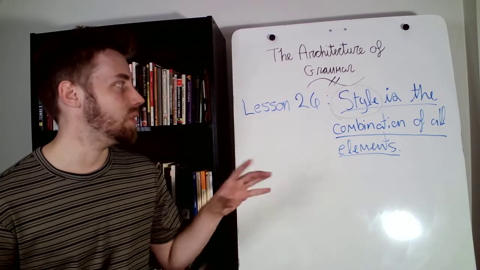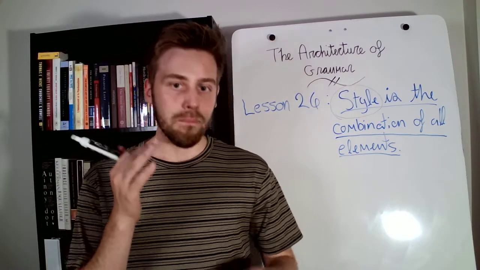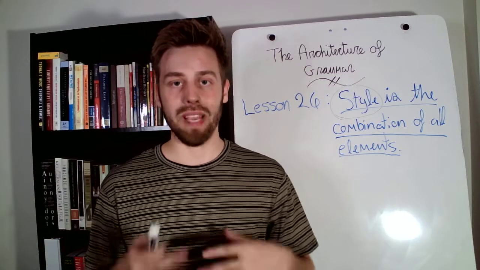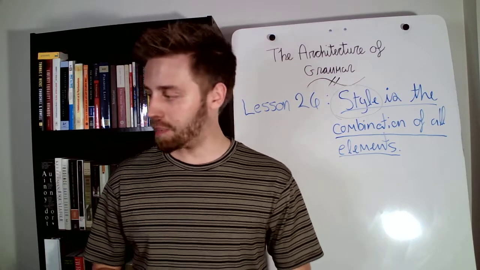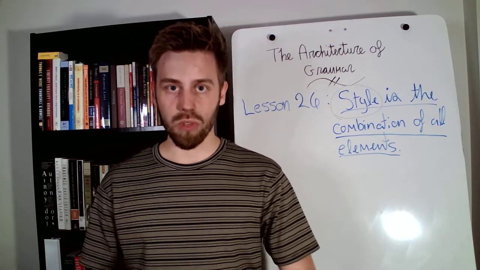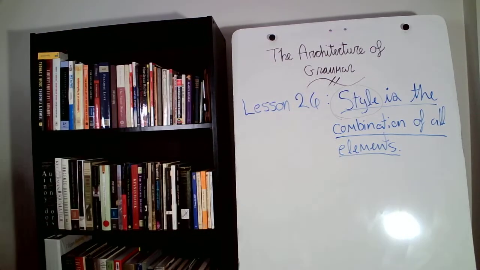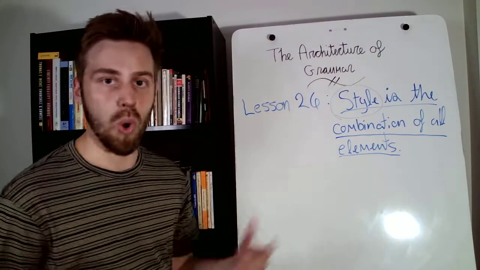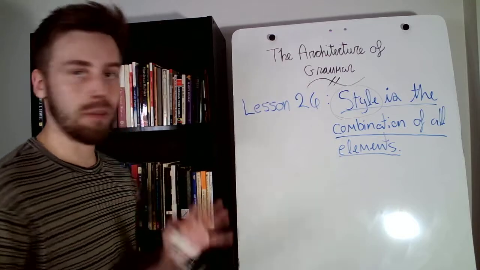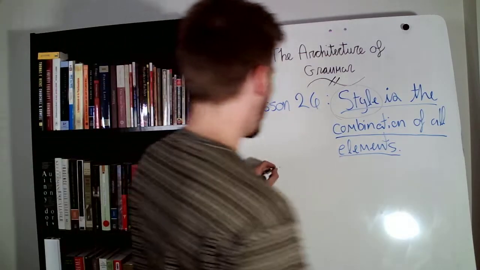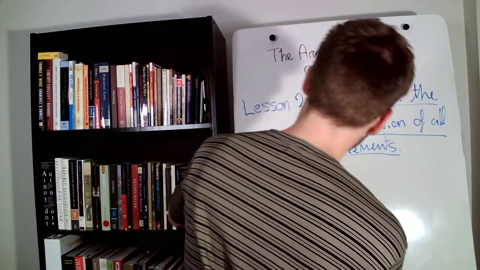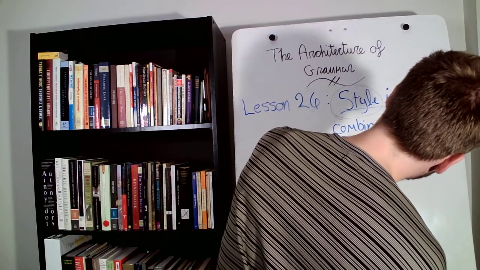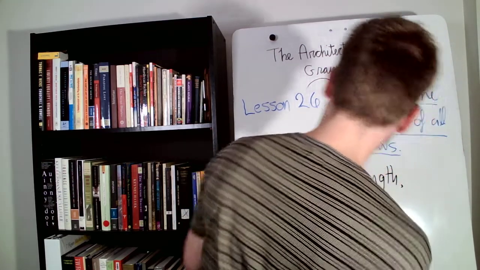And so what you need to do now is start mixing these components together in order to make your writing interesting. So I'm going to show you now. What you have to understand is that there are different components like we've been discussing in the past 25 lessons, but one of them is actually sentence length.